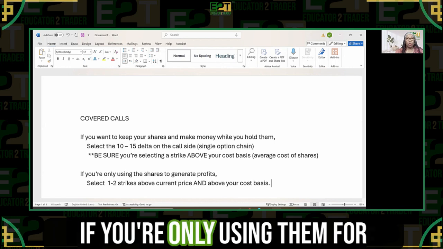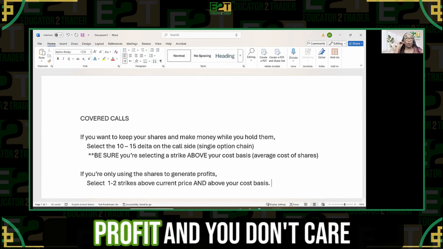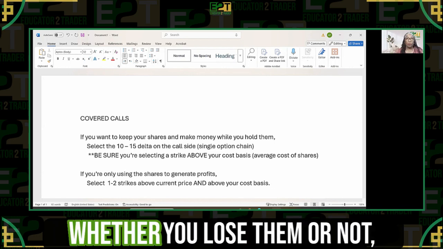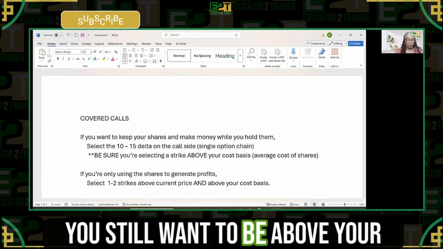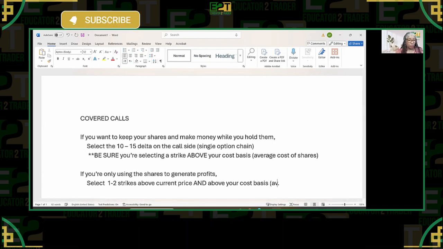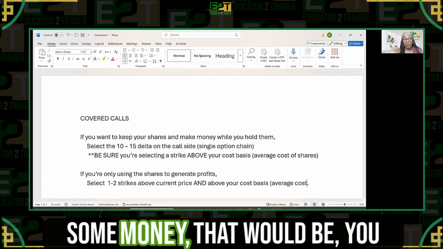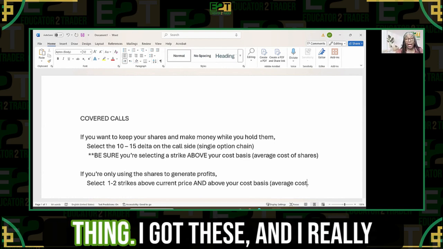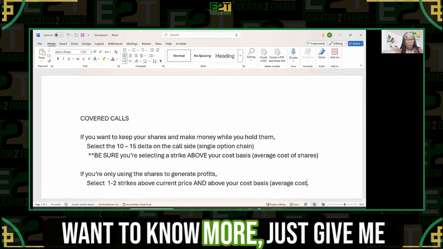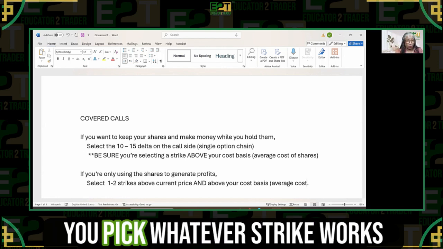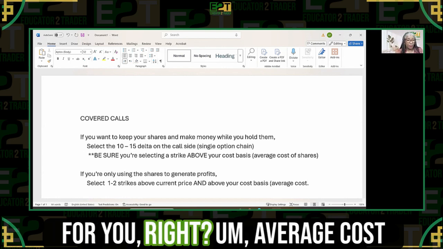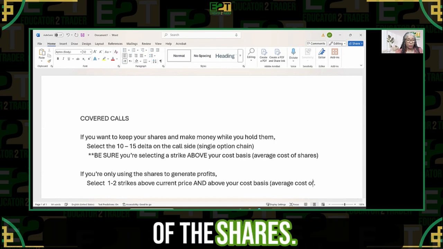So even if you're only using them for profits and you don't care whether you lose them or not, you still want to be above your average cost because you don't want to lose money on them. Unless you're just hoping to get rid of them for some money, that's a different kind of thing. I got these and I don't really want them anymore, just give me something back. Then you pick whatever strike works for you, right? Average cost of the shares.